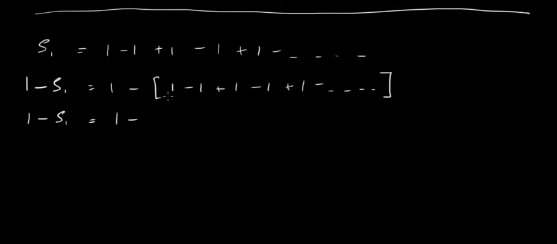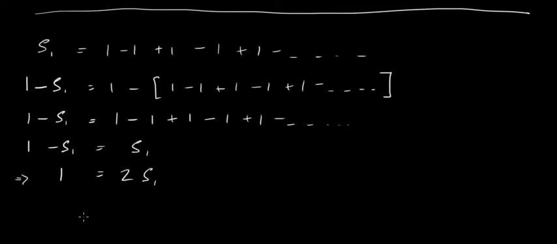This is just going to be 1 minus, if I take away the bracket here, I get 1 plus 1 minus 1 plus 1 minus and so on. So this is really the same as what I started with. So really this is just 1 minus S1 is equal to S1 again on the right hand side. So bring this over here, I get 1 is equal to 2 of these S1s. So that gives me the S1 here is just equal to 1/2. So that's one way of getting S1 equal to 1/2.